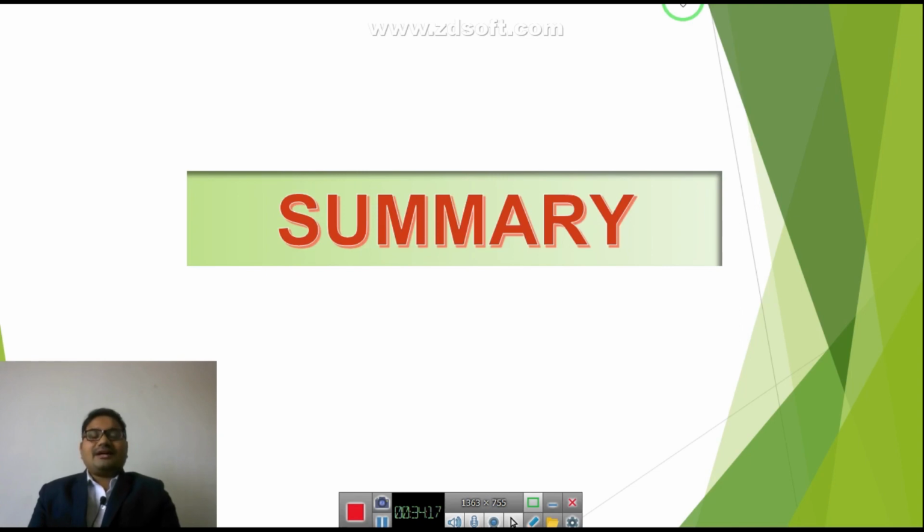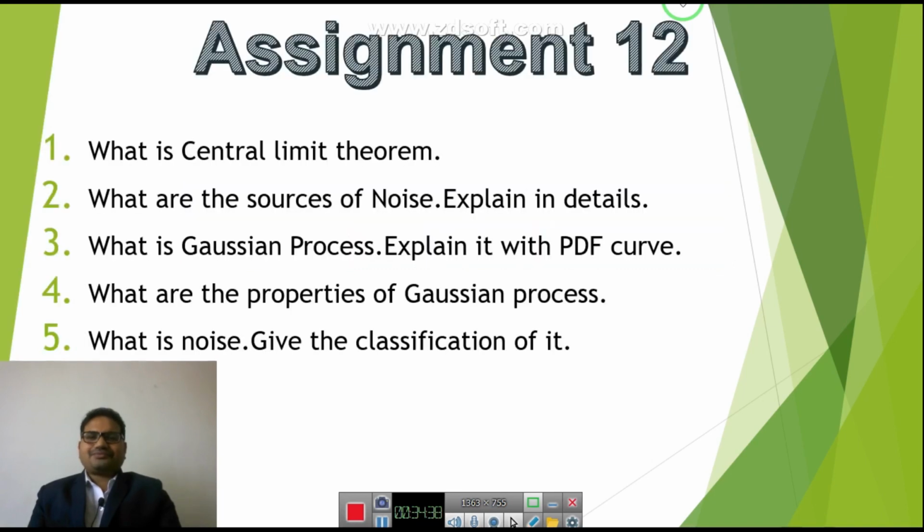Then we saw the classification of noise, that is internal and external. In external noise we saw extraterrestrial and atmospheric noise. In internal noise we saw thermal noise, also called Johnson noise, shot noise, transit time noise, and flicker noise.